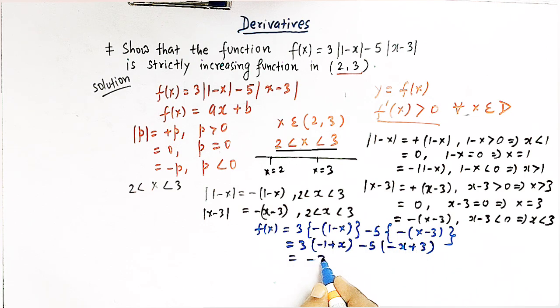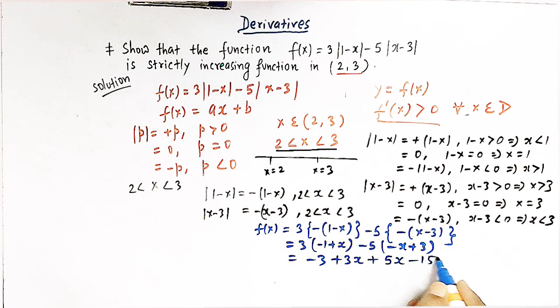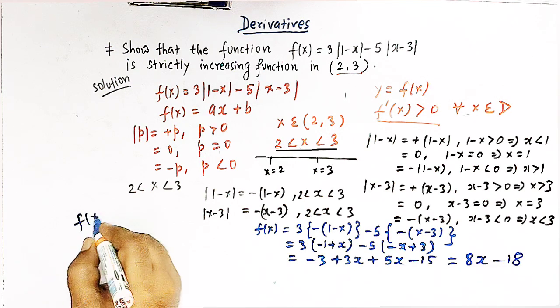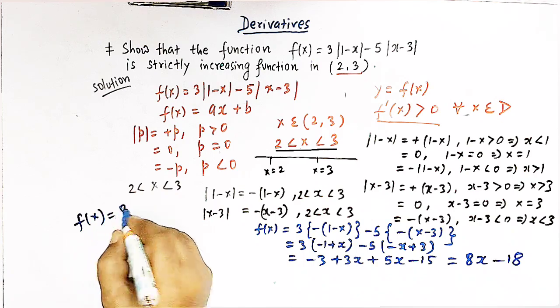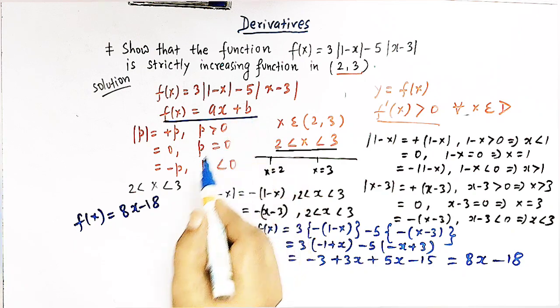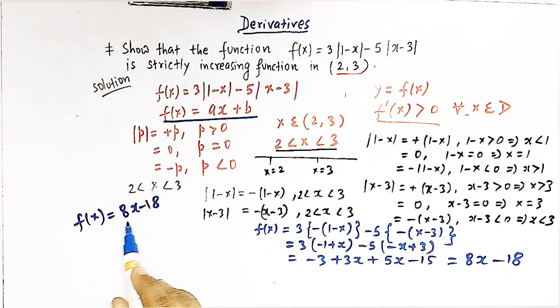So we can write minus 3 plus 3x, plus 5x, minus 15. Now 5x plus 3x is 8x, and minus 3 and minus 15 is minus 18. So our function f of x is now equal to 8x minus 18, which is of the form ax plus b. So this is a linear function.